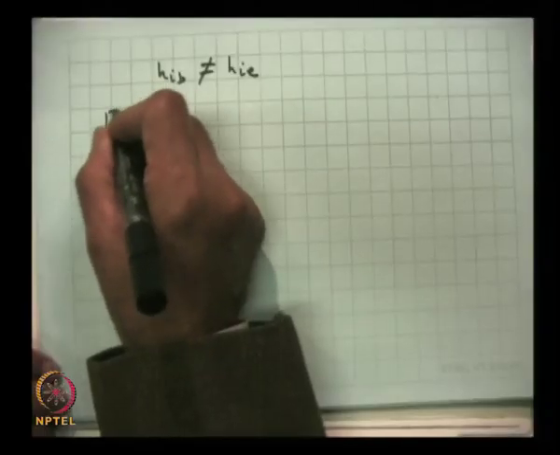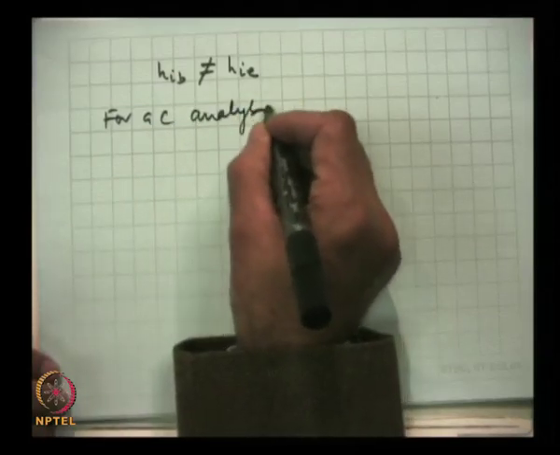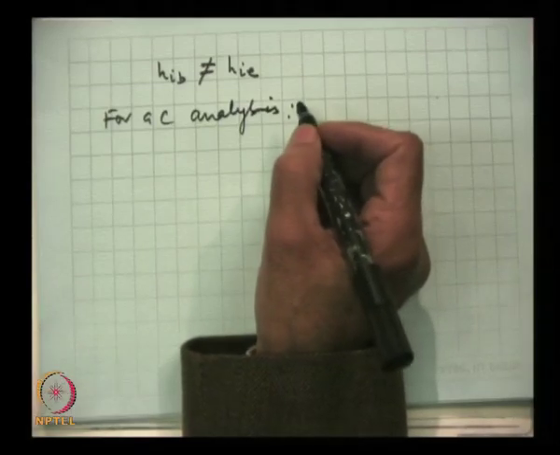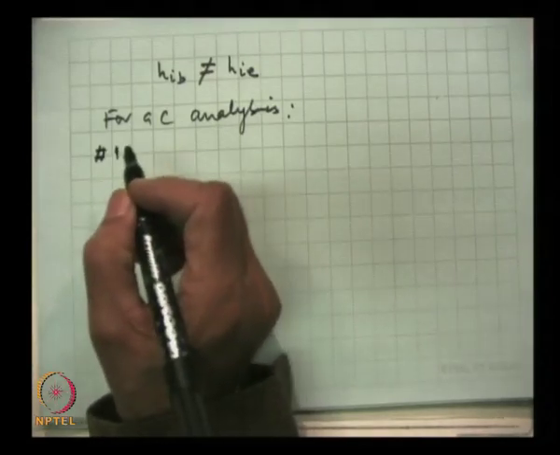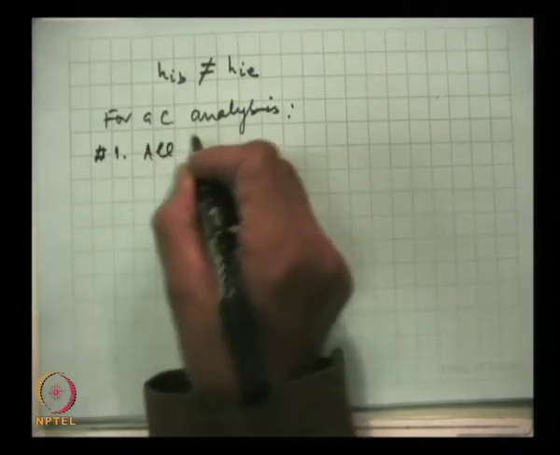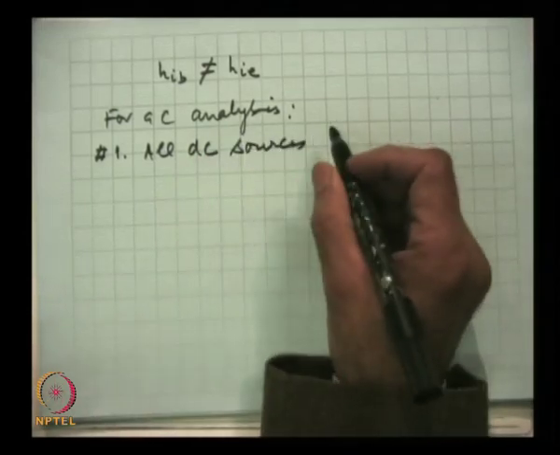Now, before we proceed to the analysis, there are certain thumb rules of the analysis. Let me make it clear that for AC analysis, 2 things we should keep in mind. Number 1, all DC sources have to be reduced to 0.